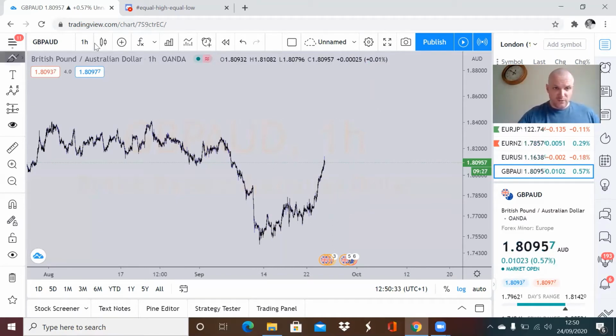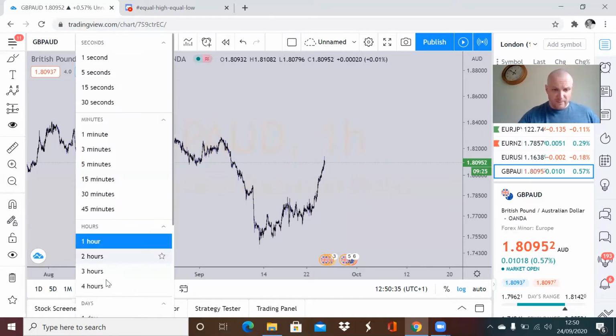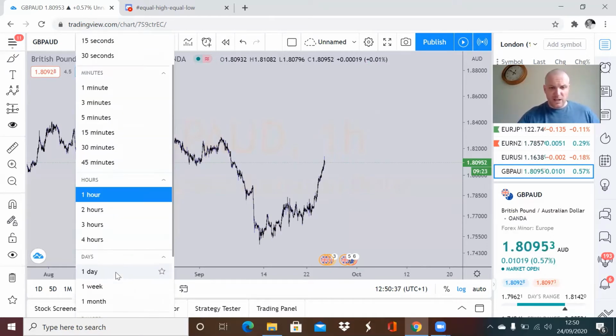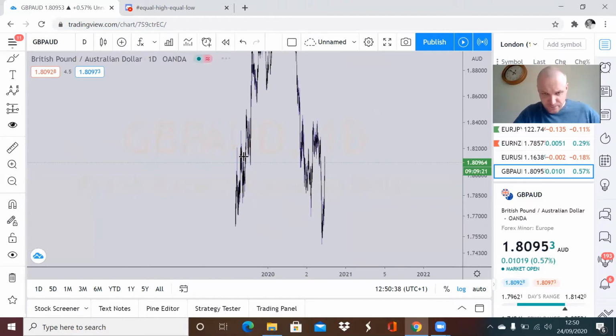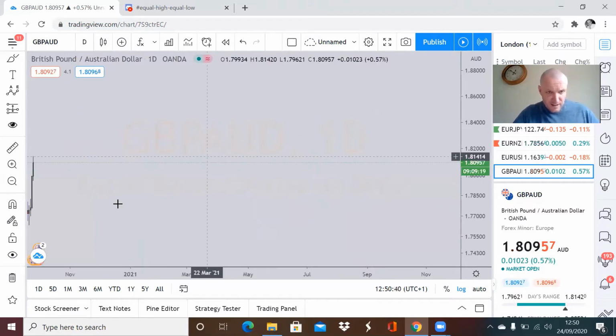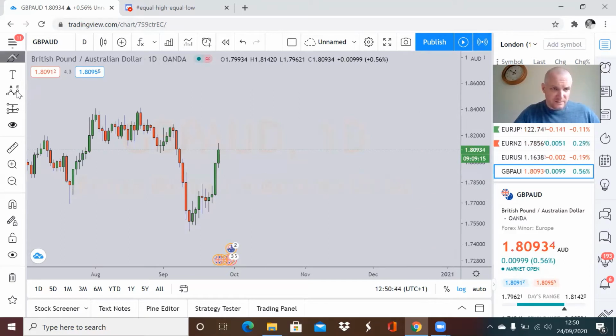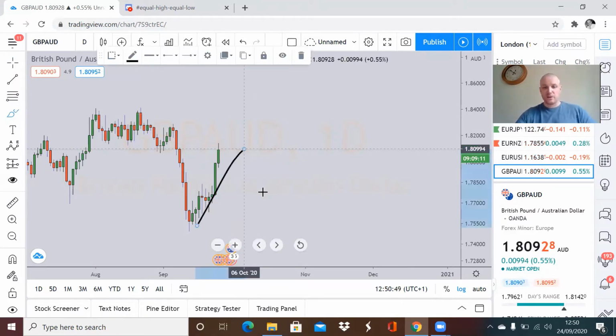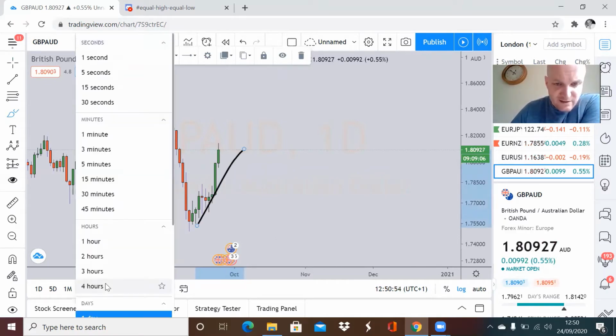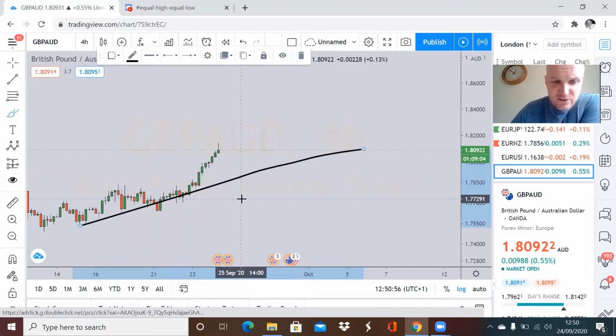From the 1 hour, you've got maybe the 4 hour, and I would possibly go to a daily. You can see from here we are in fact in an uptrend. As we go down from the daily to the 4 hour, these are the times that I like to use the daily.